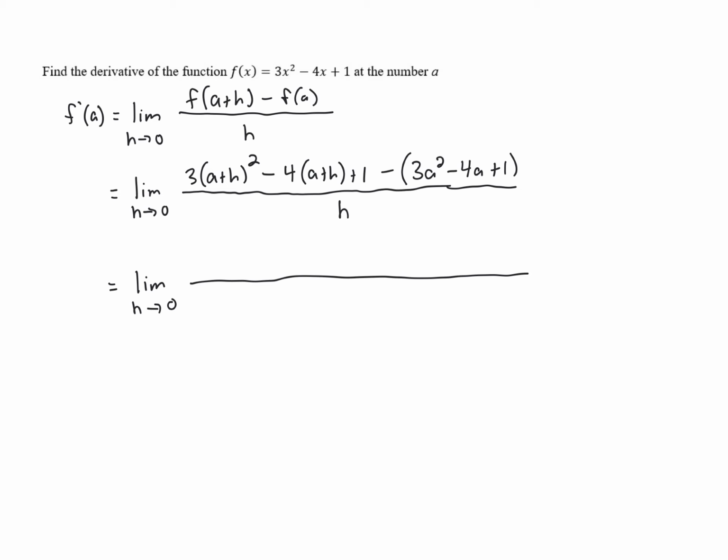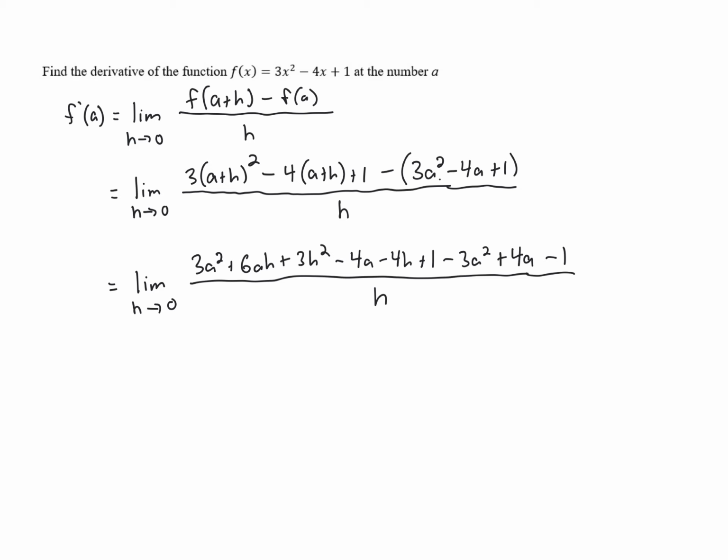So that is going to be 3a squared plus 6ah plus 3h squared, because the 3 is getting multiplied by the a squared, the 2ah, and the h squared. And then we've got minus 4a minus 4h plus 1, distributing that negative 4. When we distribute the negative, it's going to be minus 3a squared plus 4a minus 1, all over h.